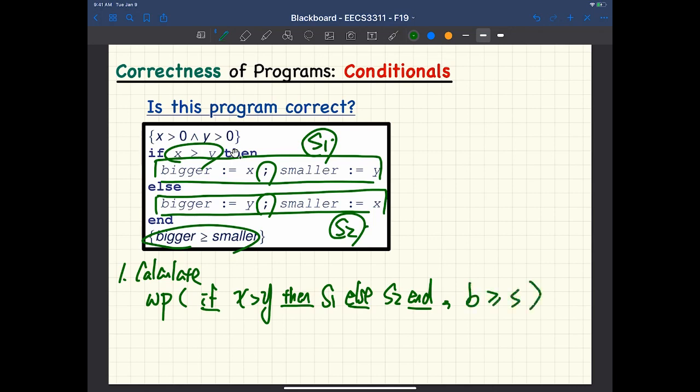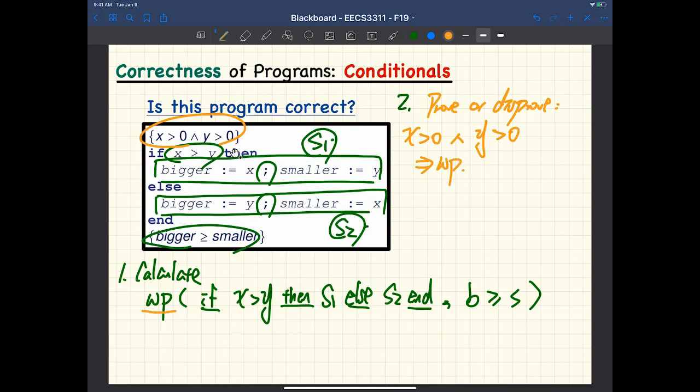I'm just sketching it. We can calculate that. That's the first step, whatever it is. Let me tell you what the second step is. The second step, you want to prove or disprove the following: x larger than 0 and y larger than 0 implies the WP, which is calculated. I'll just say WP here so you understand.